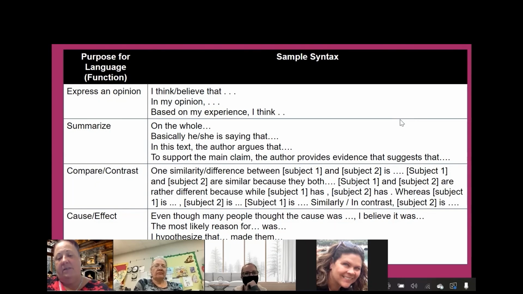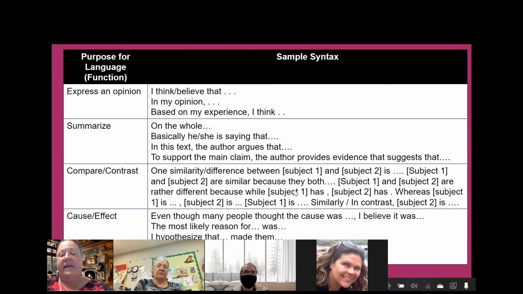Remembering that the syntax we use is really attached to our purpose for language. The syntax we use to express an opinion is different than summarizing, so the way we communicate those is different. We need to teach our students that the syntax isn't always the same.